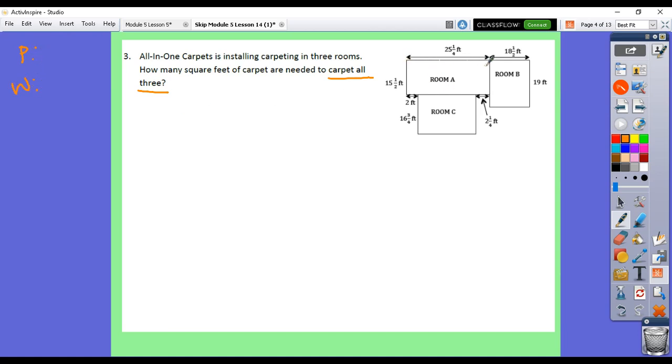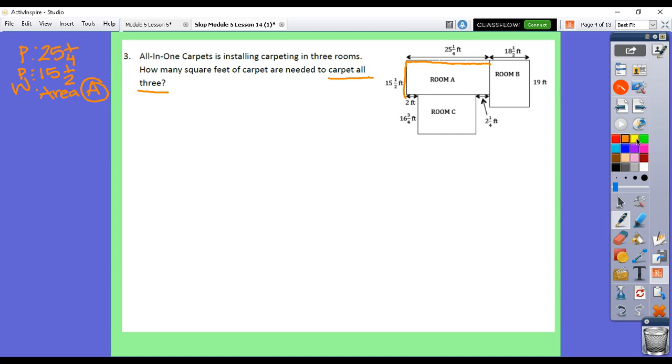So I'm going to just look at room A. The part would be the length, which is 25 and 1/4 feet long. And then the other part would be this 15.5 feet wide. And the whole would be this area of room A, which we don't know. So it's a big question mark.